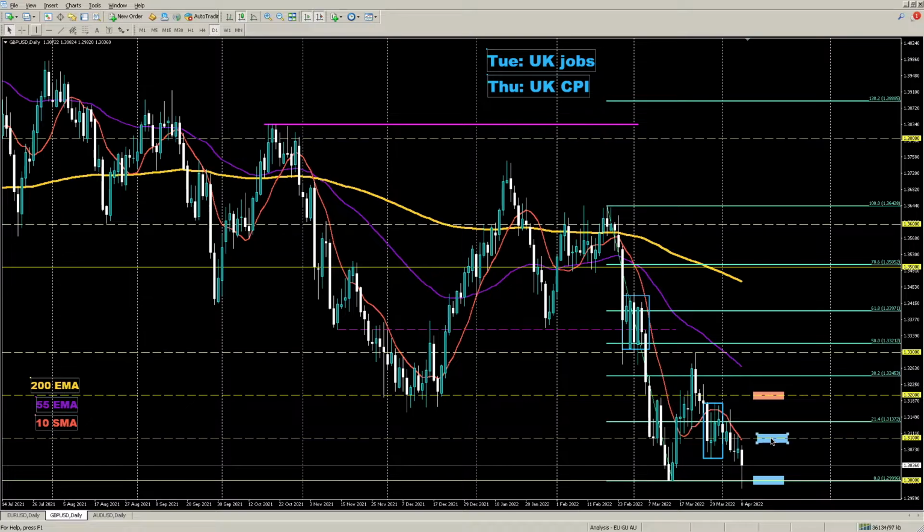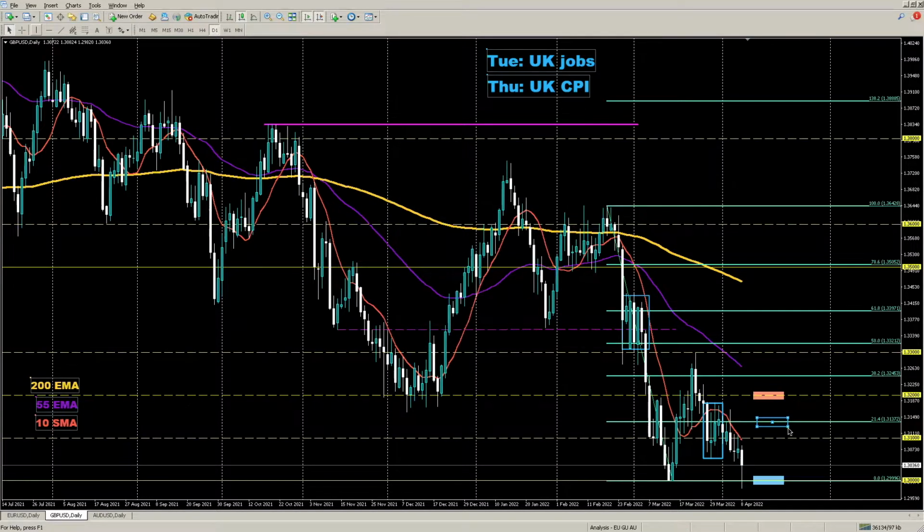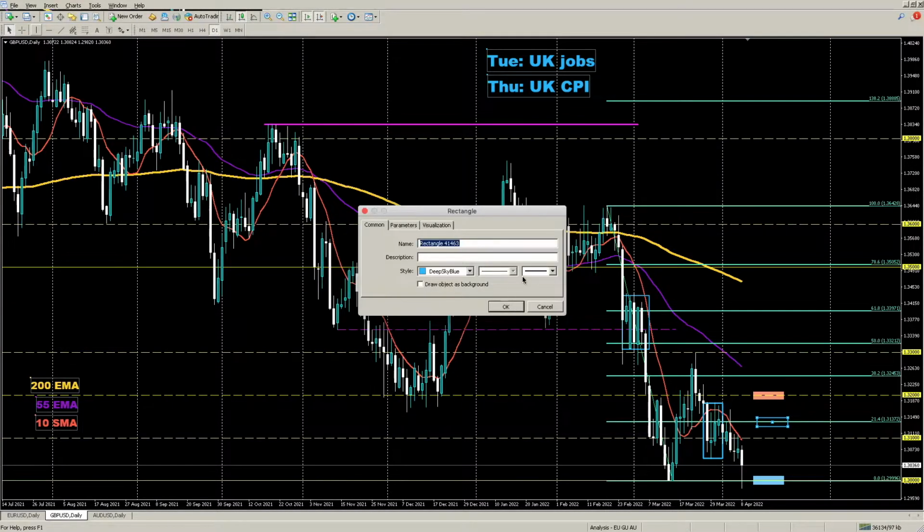This area here as well, 131 is a possible short-term resistance, but let's move it here to the 21 fib retracement level.